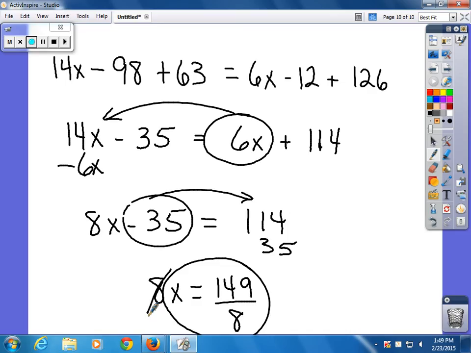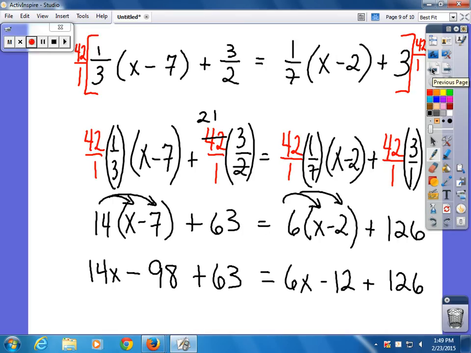Nothing. I mean, go back. I multiplied through by 42. And then I distributed. I multiplied by 14. I multiplied by 6. And then I combined my terms.